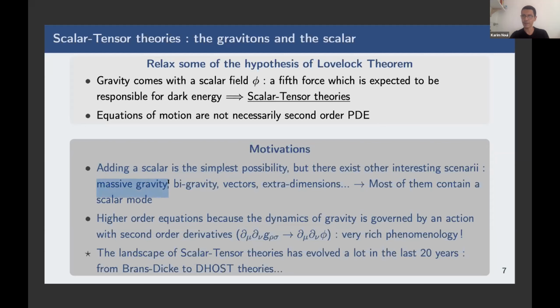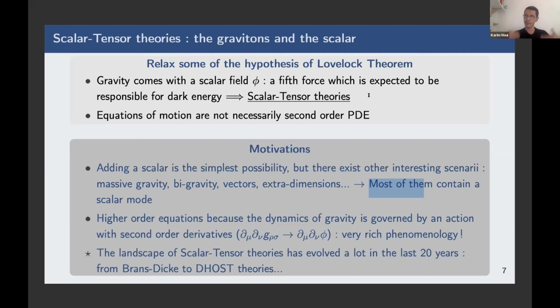Of course, we can consider massive gravity, but we can consider theories with two metrics, or a vector in addition to a metric. You can also have extra dimensions. There are a lot of models that can be constructed beyond general relativity. But what is interesting is that most of these models contain, in fact, a scalar mode somehow.